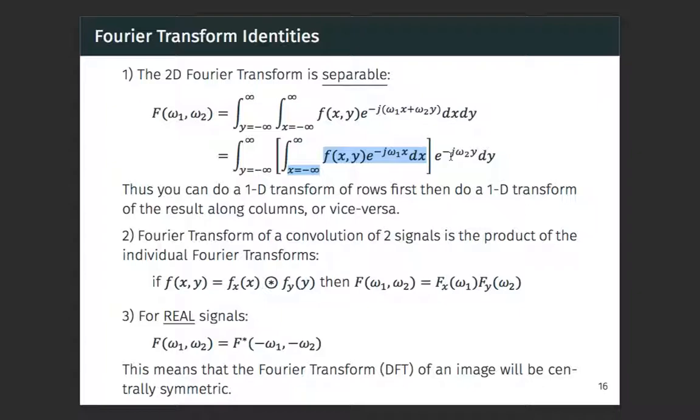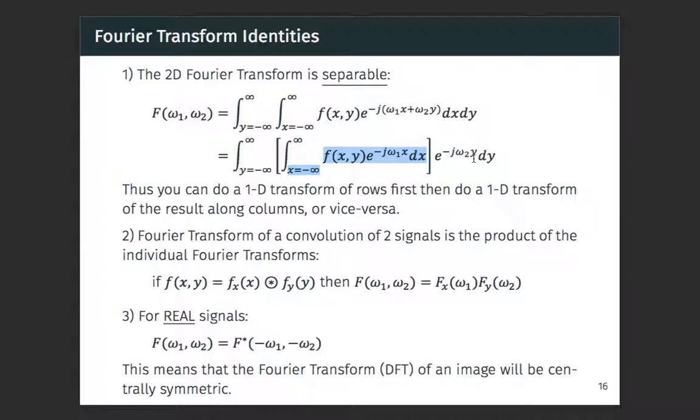You look at every single column of that result, which is a 1D vector of complex numbers, and you compute the 1D Fourier transform on that column. The result of that second Fourier transform is the 2D Fourier transform.